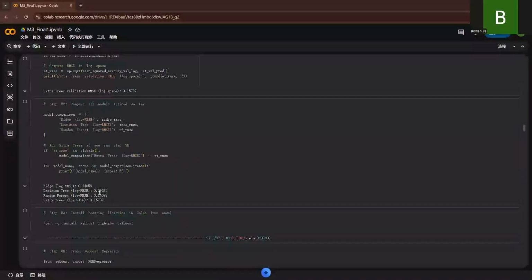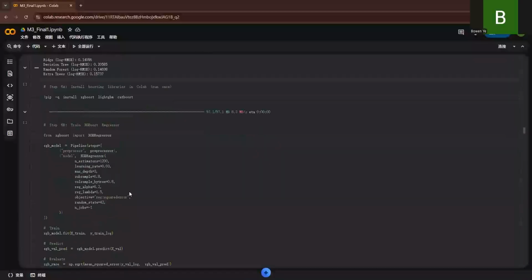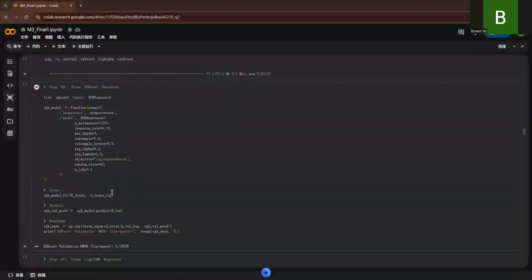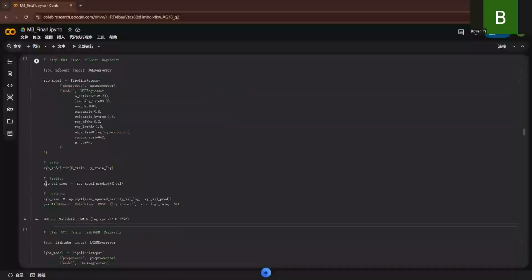The notebook then introduced boosting algorithms. Boosting builds trees sequentially, allowing each new tree to focus on correcting mistakes made by previous ones. XGBoost was selected as a strong numerical learner. LightGBM was tested because of its efficiency and leaf-wise tree growth strategy.